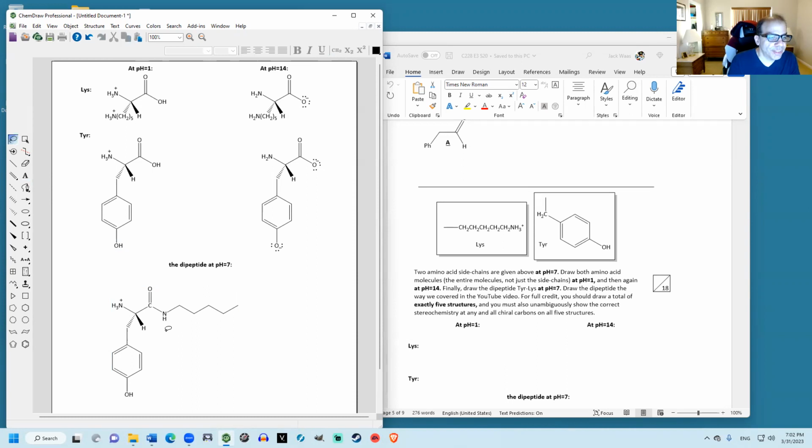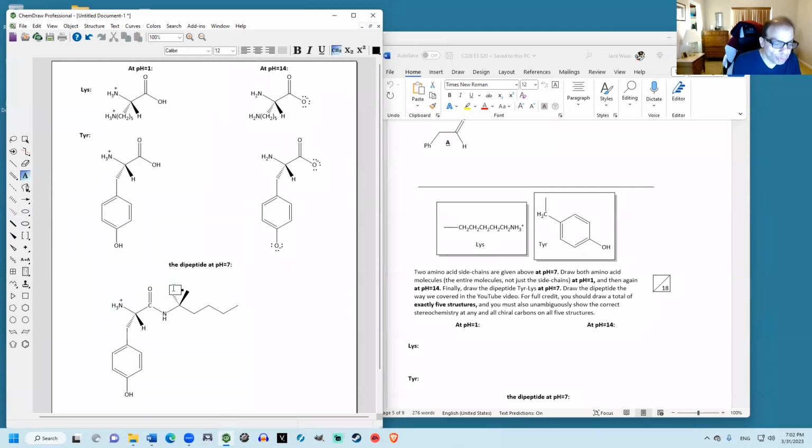And then comes the nitrogen of the next one, which is lysine. And now we've turned the molecule over.